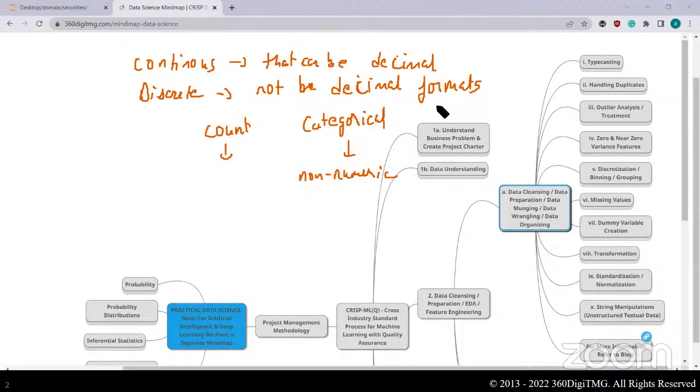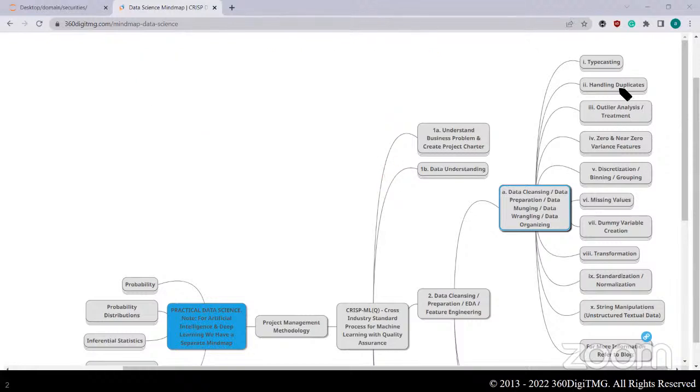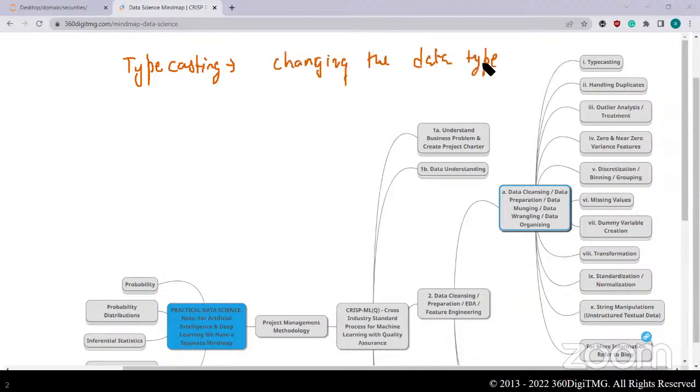Now, moving forward, we'll take a look at the first topic, which is called typecasting. Typecasting means changing the data type. Basically, it is conversion of data type from one format to another format.